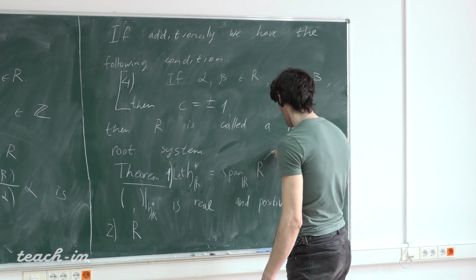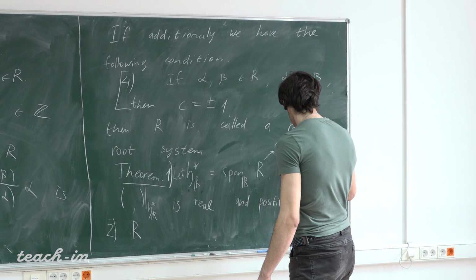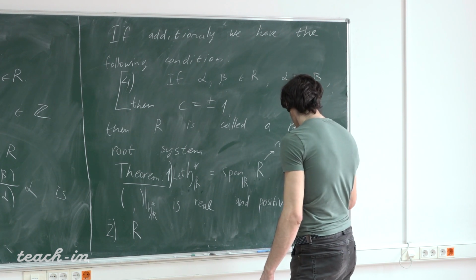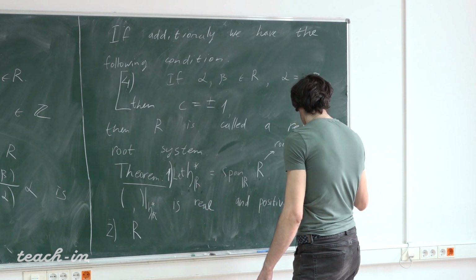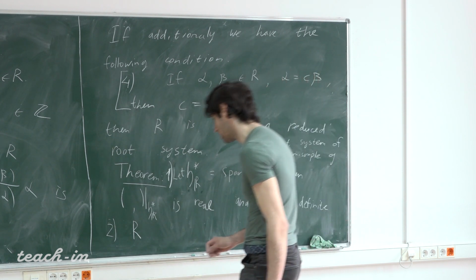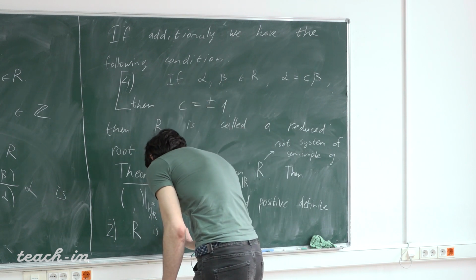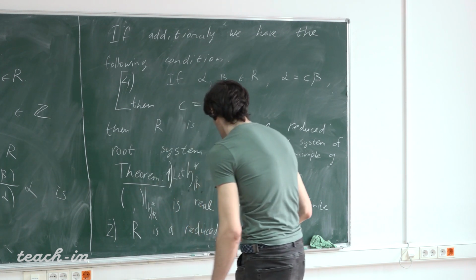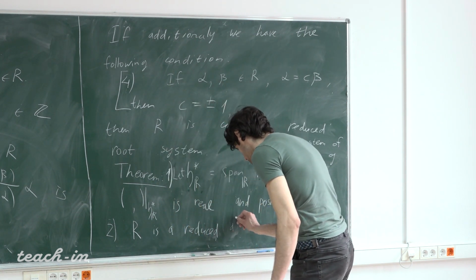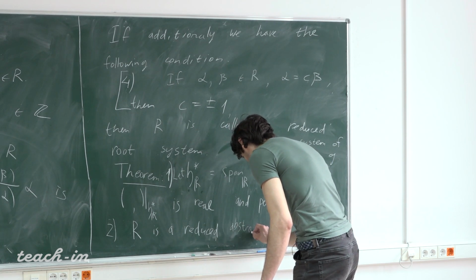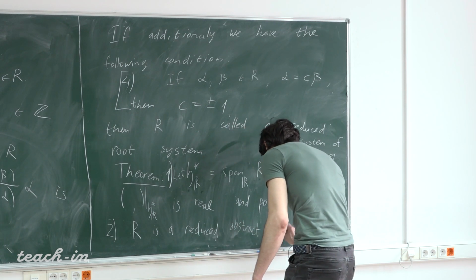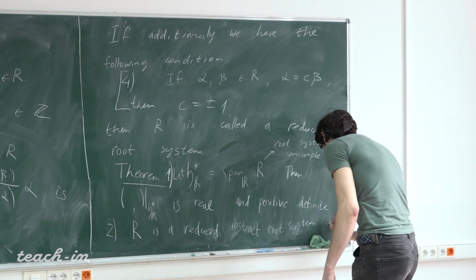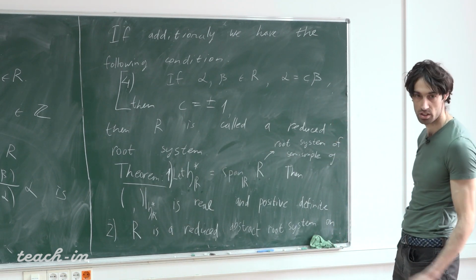So this is the root system of semi-simple G is a reduced abstract root system on H R star.